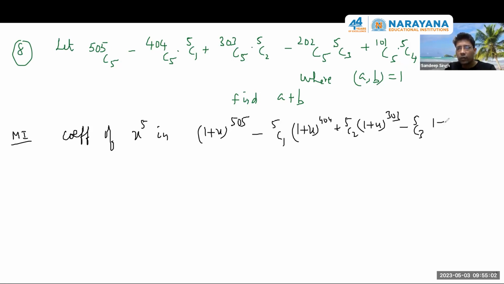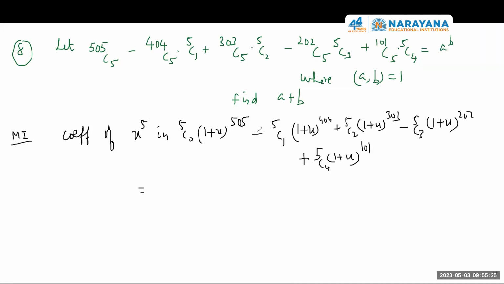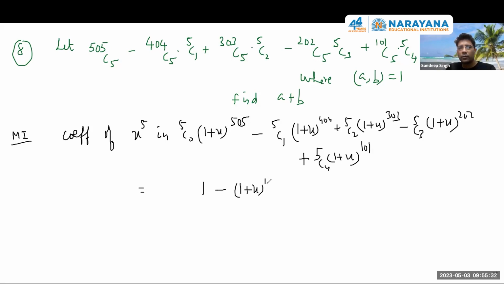So this is the summation of what? 202 and then 5c4, power 101. This is what? This is 5c0 also. So 1 plus, tell me, this is equal to what? (1 plus x power 101) whole power 5.